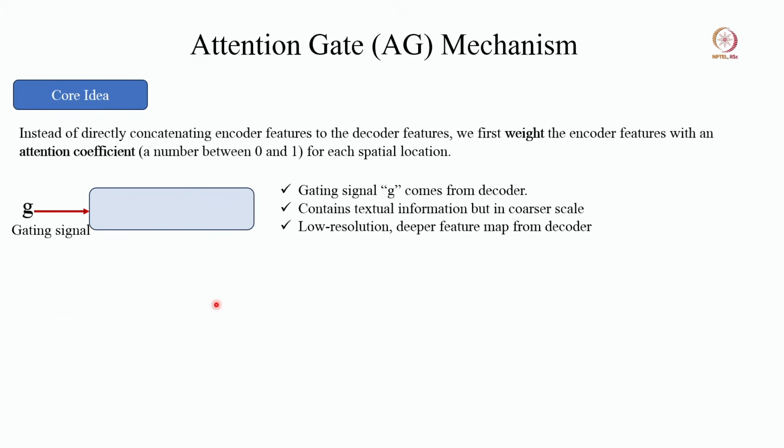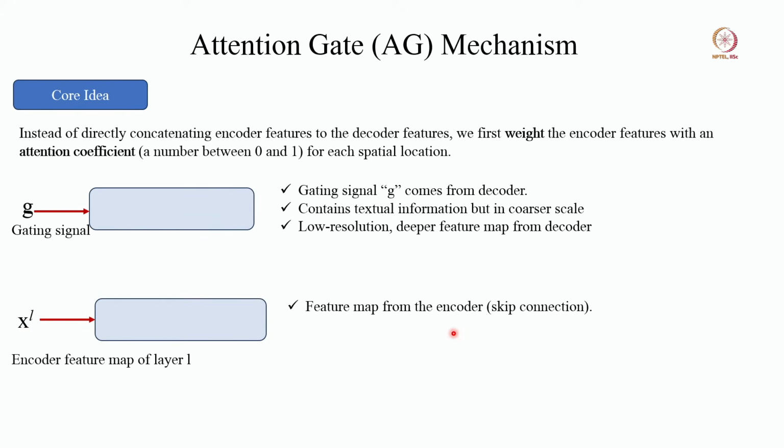Okay. And coming to the encoder feature map layer, what exactly is coming from the encoder? It is X superscript L, the encoder feature map of layer L. This is the input that is coming from the encoder.